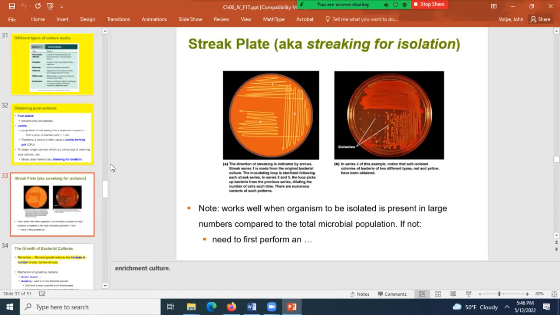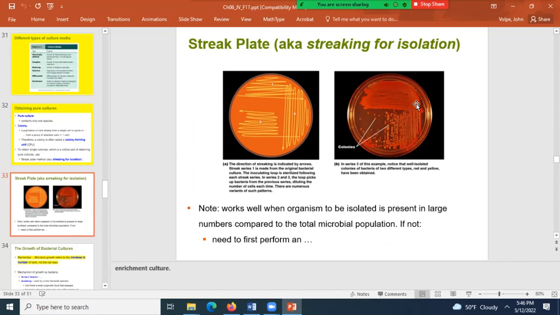All right, this is showing you how to streak for colony isolation. Generally, what you do is you do in sectors, and you streak 1 sector from your stock culture, and then you flame the loop, and then you streak the other sector by picking up cells, like we're starting over here.